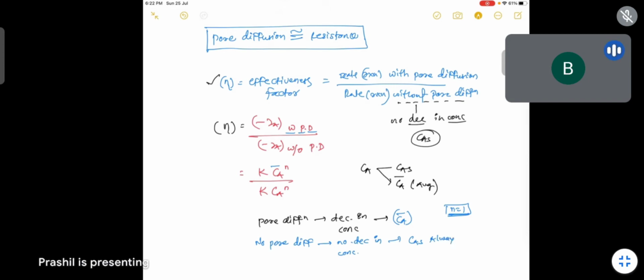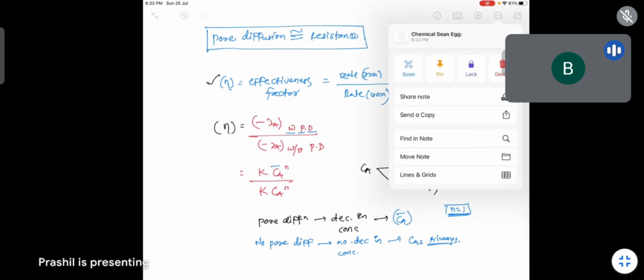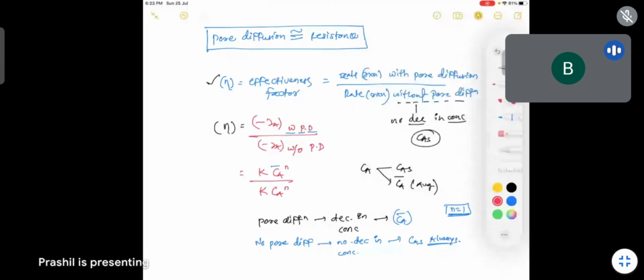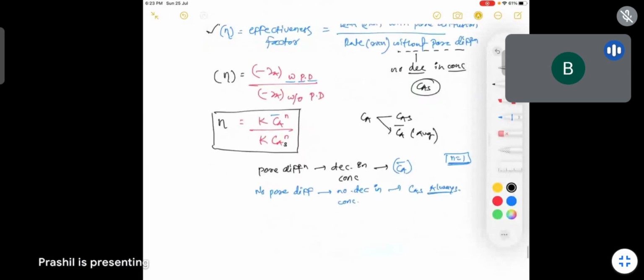Whether it is at the surface or at the center of your pore, concentration will not decrease and it will be the same as CAS. So I am writing here CAS, right? Now out of these two, what will be the relation between CAS and Ca average? Which one will be higher?